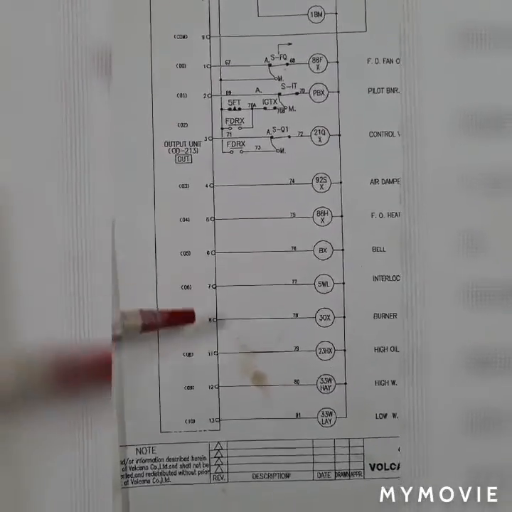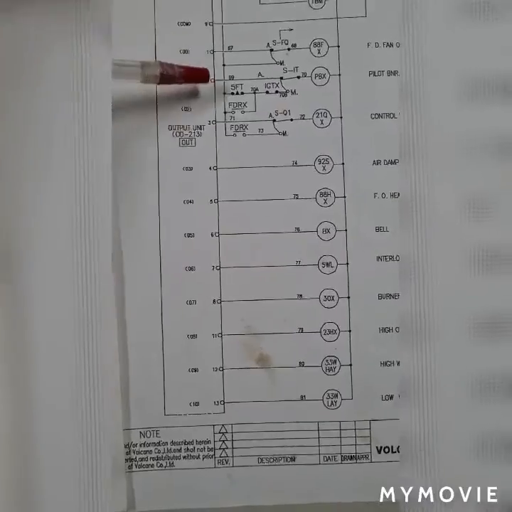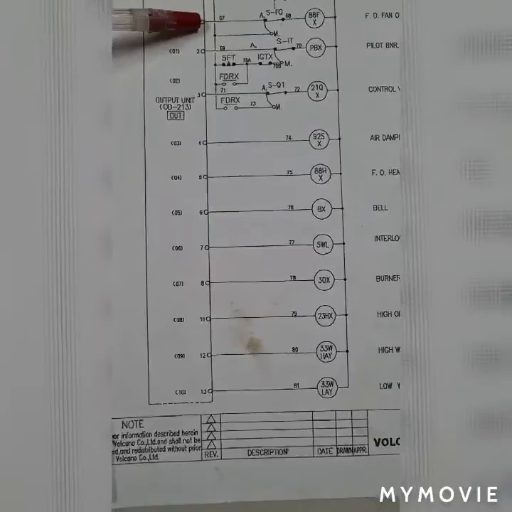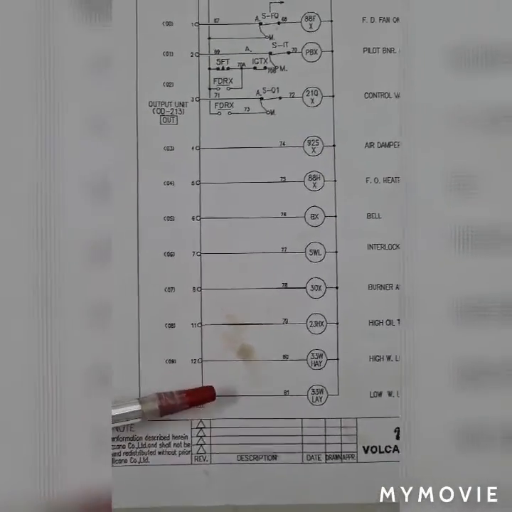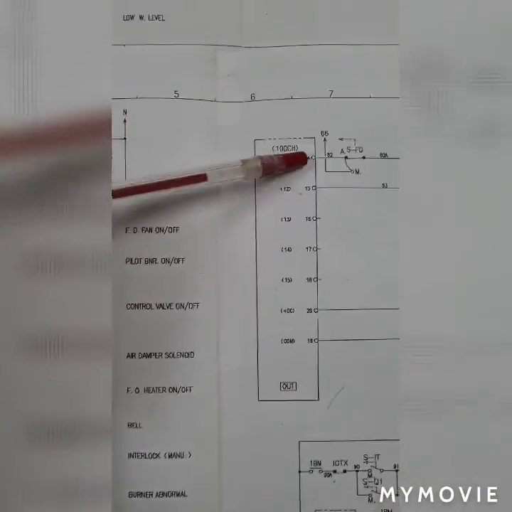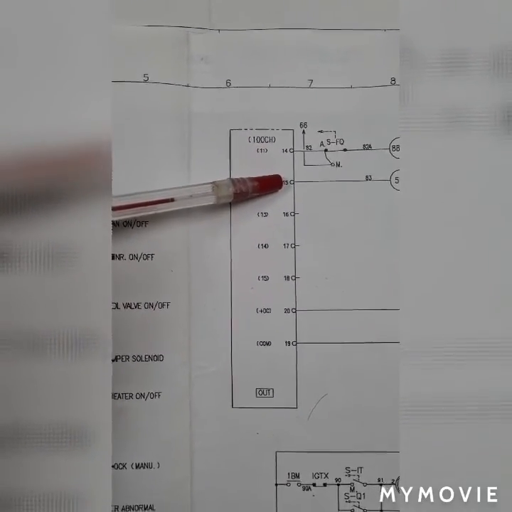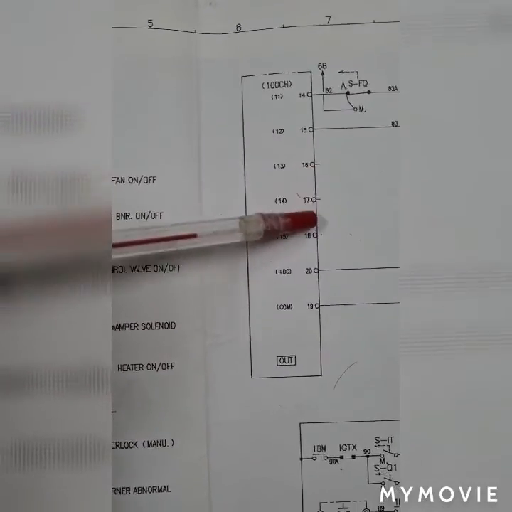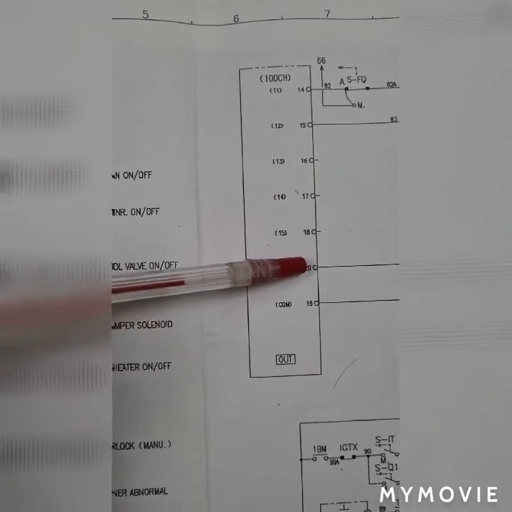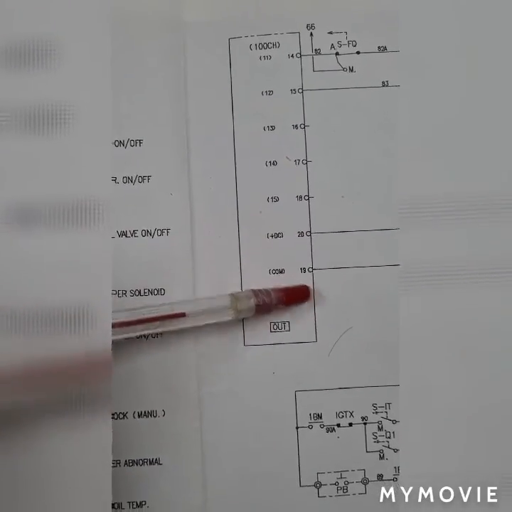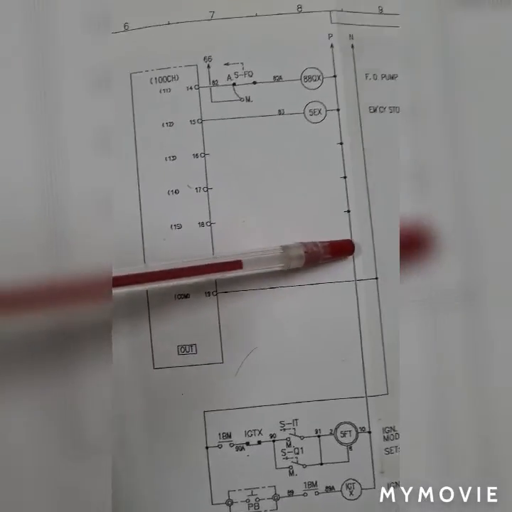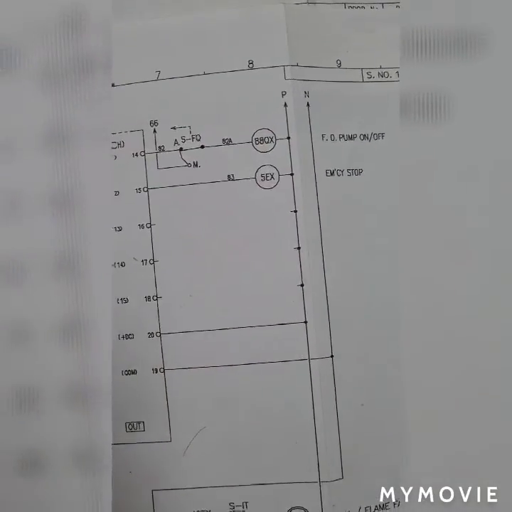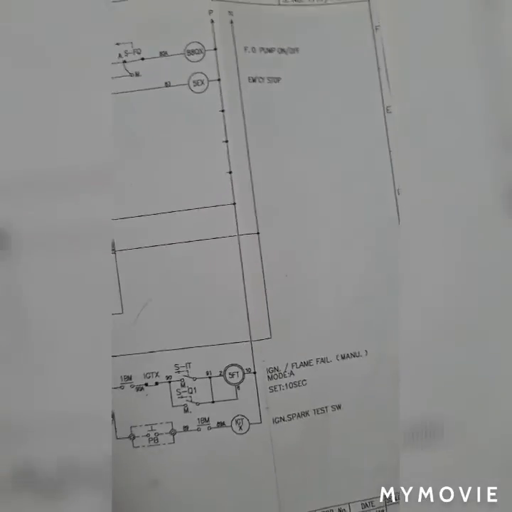This PLC output module has a channel from 1 to 13, and from 13, 14, then we have 16, 17, 18, which is unused, not used, 20 and 19, going to the positive and negative supply on other circuits.